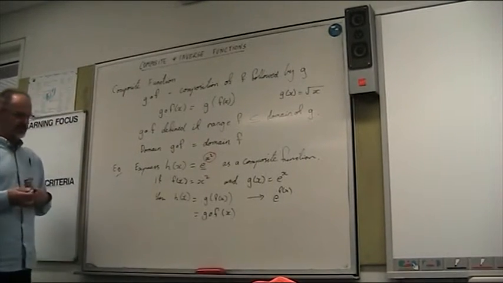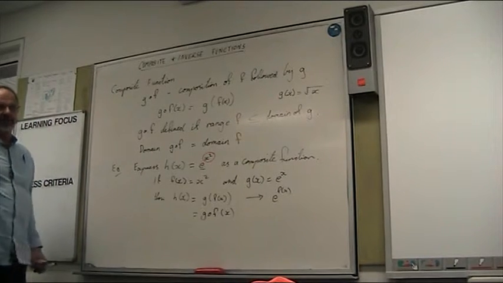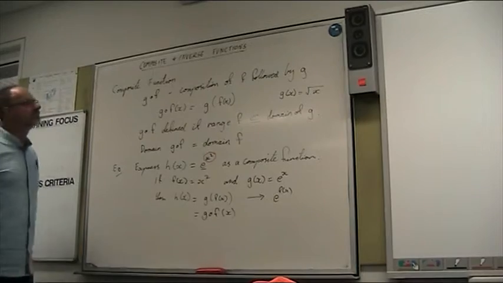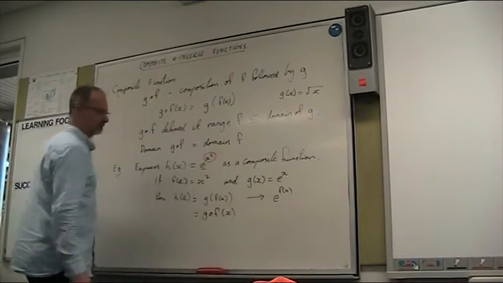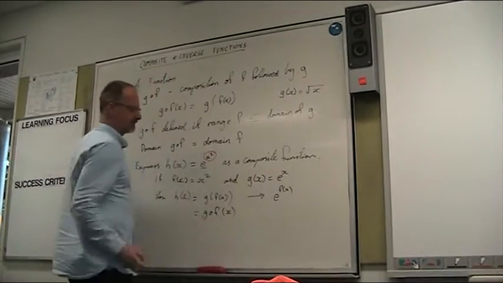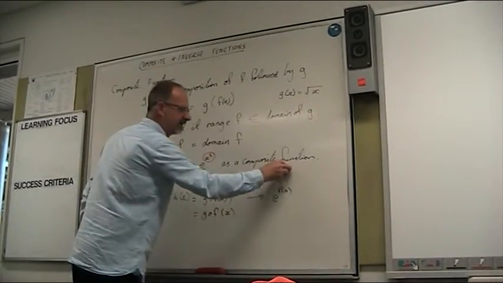So that's our composites, remind you about that. So we're taking one function and we're putting it inside another one. Alright, so the two functions we had here were x squared and e to the x, and we put the x squared in there.